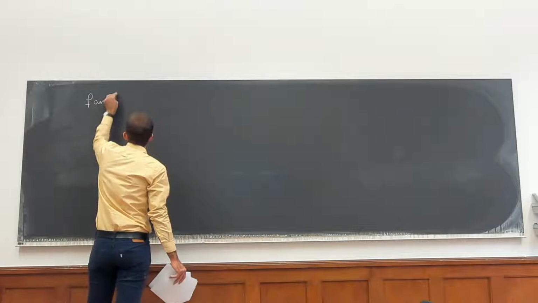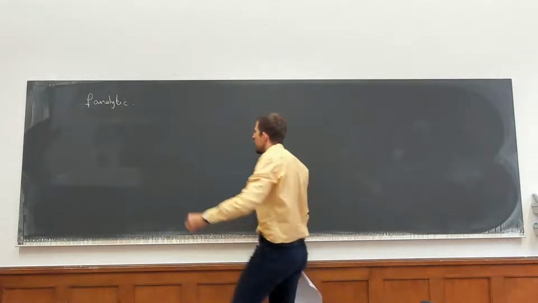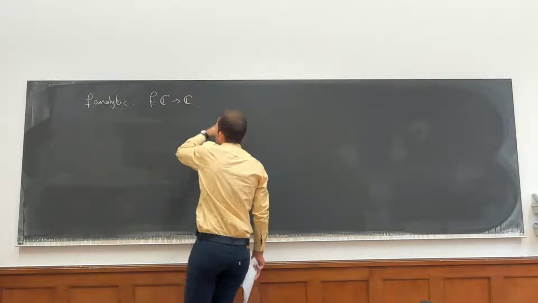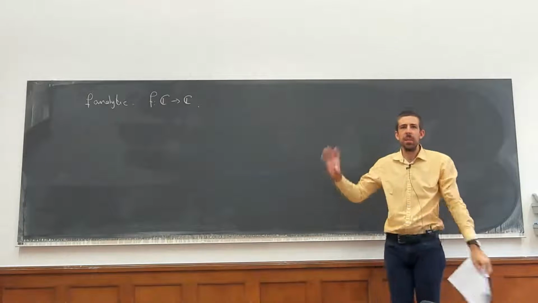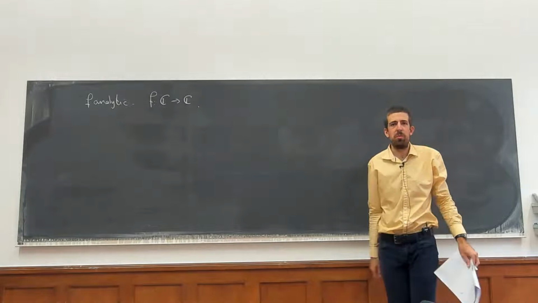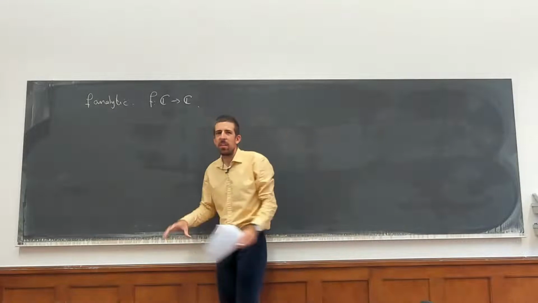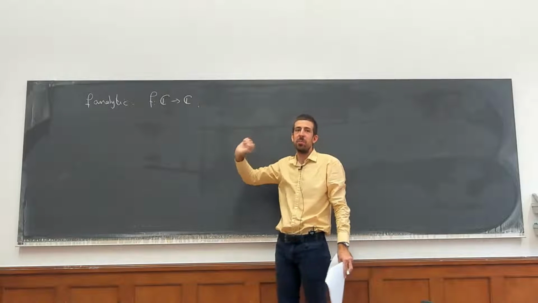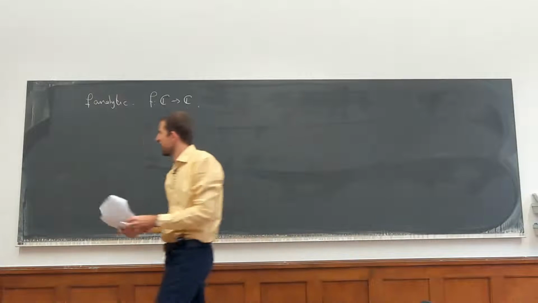Okay, so let's say we take f analytic, a function from C to C. I've used notation a little loosely sometimes: I write f from C to C, but if it's just defined on an open subset, it's perfectly fine. In the beginning, I want to make it clear that it's a function that takes complex numbers and not a function that takes real numbers.